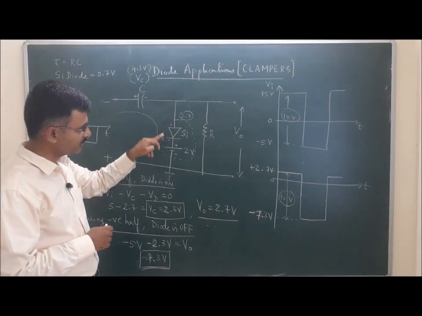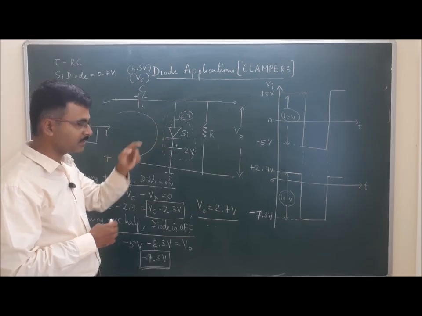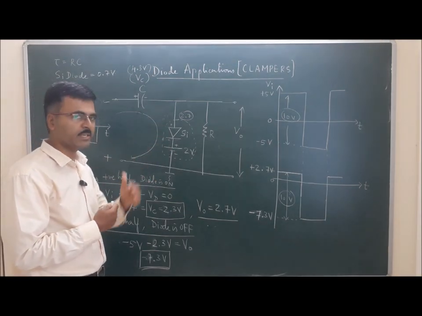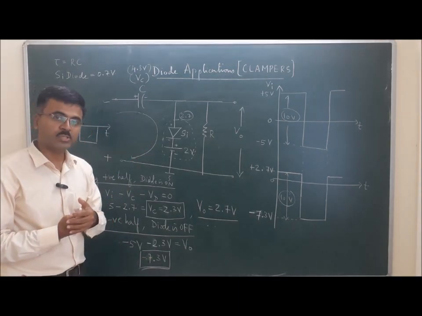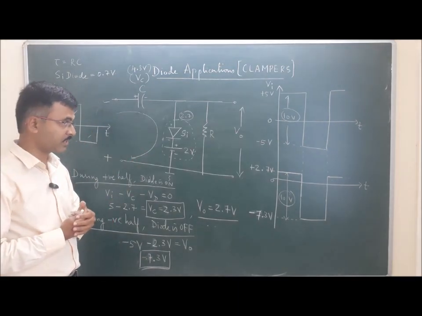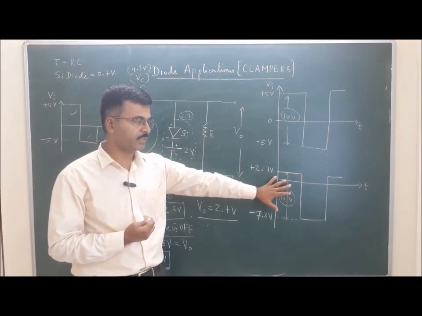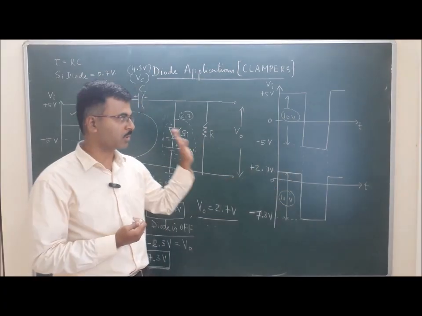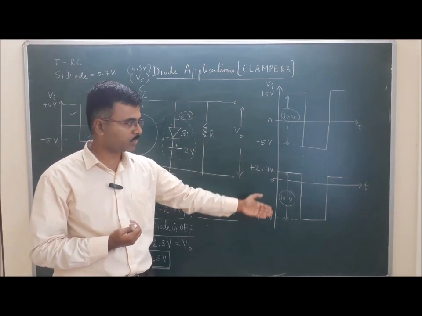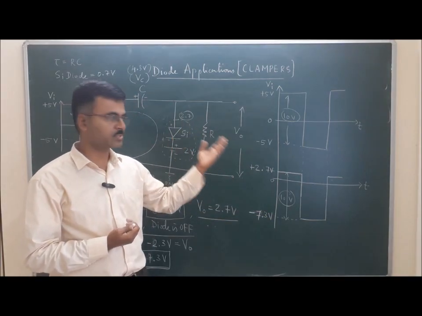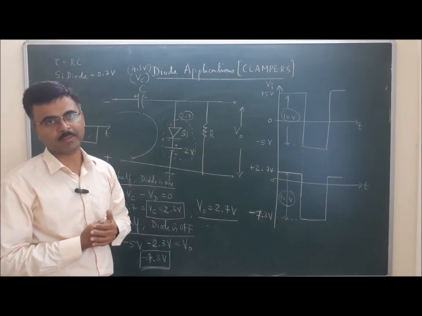Third combination, reverse the polarity of the diode as well as the battery, and you will also be getting the fourth case. So for every possible combination of the clamper circuit with respect to the diode and then the battery, you will be having different waveforms. Okay, so for 2 combinations, probably you will be having negative clamping. For the other 2 combinations, you will be having positive clamping or positive DC shift.